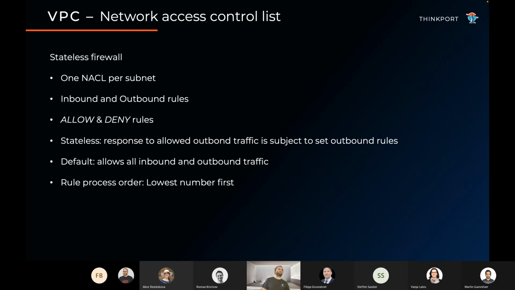Network access control lists are stateless firewalls. You define one network access list per subnet, only one. And within this NACL, you define inbound and outbound rules to destinations. These can either be allow or deny rules, so you can specifically allow certain connections or also deny certain connections.